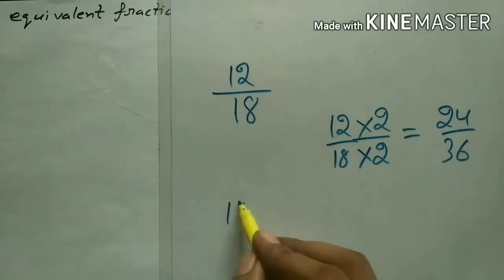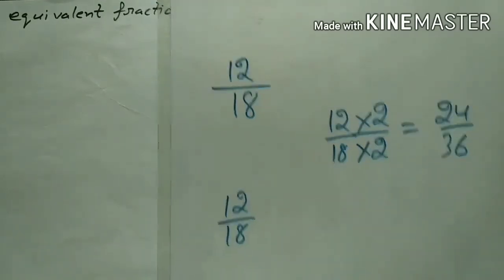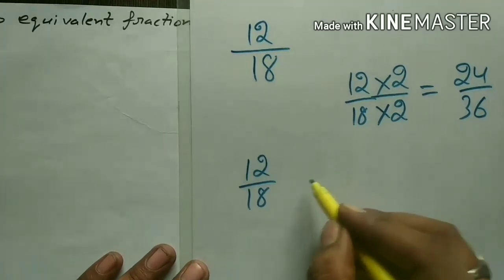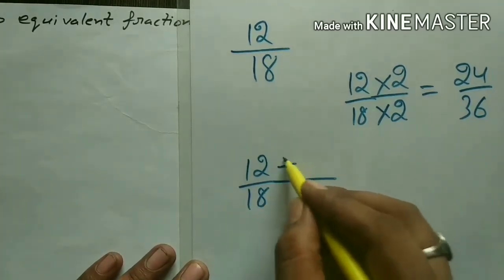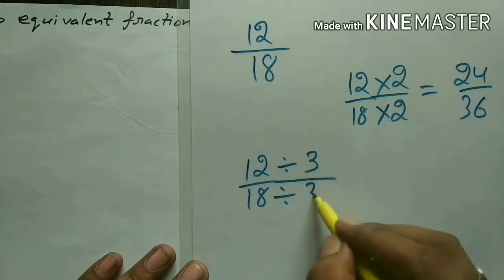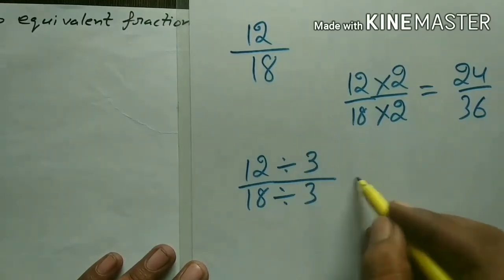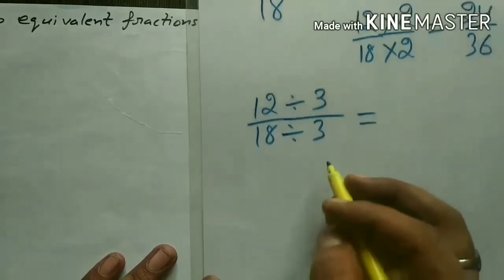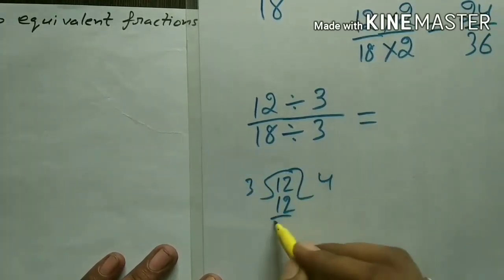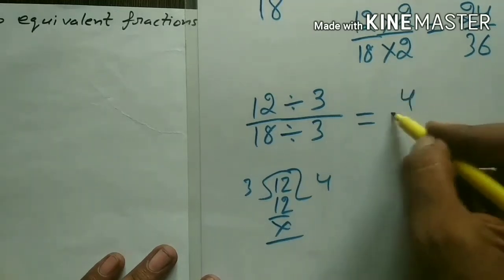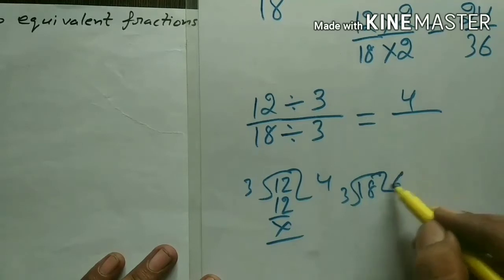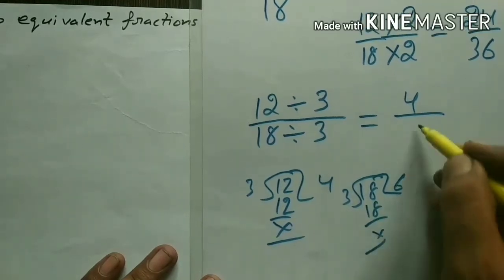Now in the second case, if I divide by the same number, say 3, then what are the answers? 12 divided by 3, the answer is 4, and 18 divided by 3, the answer is 6.